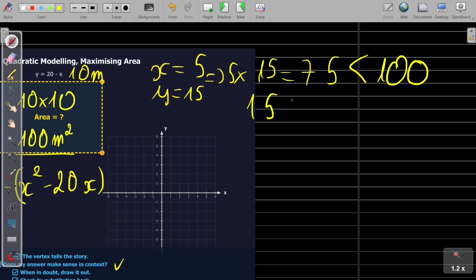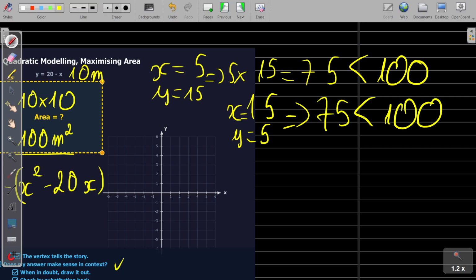What about x is 15 and y is 5? If the width is 15, the length is 5, the area is also still 75. It's just the same, so it's smaller than 100. It is not the maximum. What about if x is 0 and y is 20?